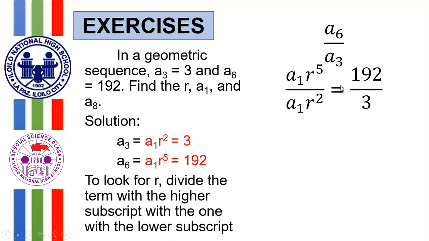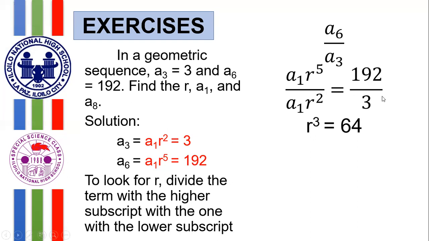And we have to remember how to divide polynomials. So you could see a sub 1 divided by a sub 1 will become 1, right? R to the 5th divided by r squared gives us r cubed. Since the exponent of the expression in the numerator is larger than that of the denominator, I have just copied the common base and subtracted 5 minus 2, 3.